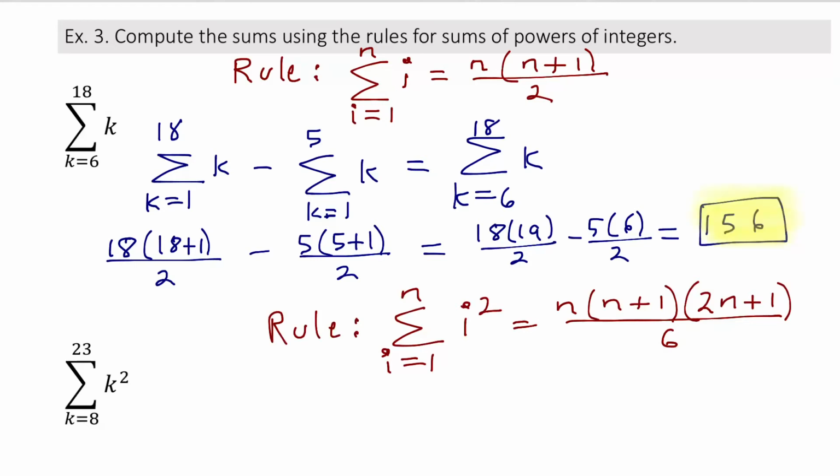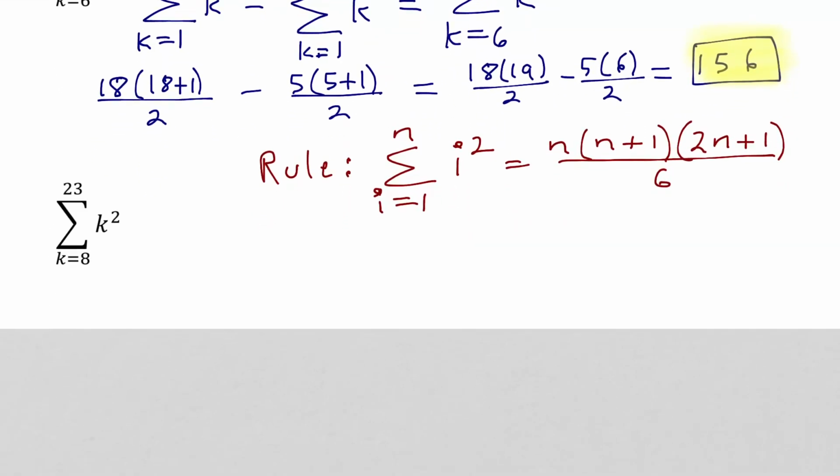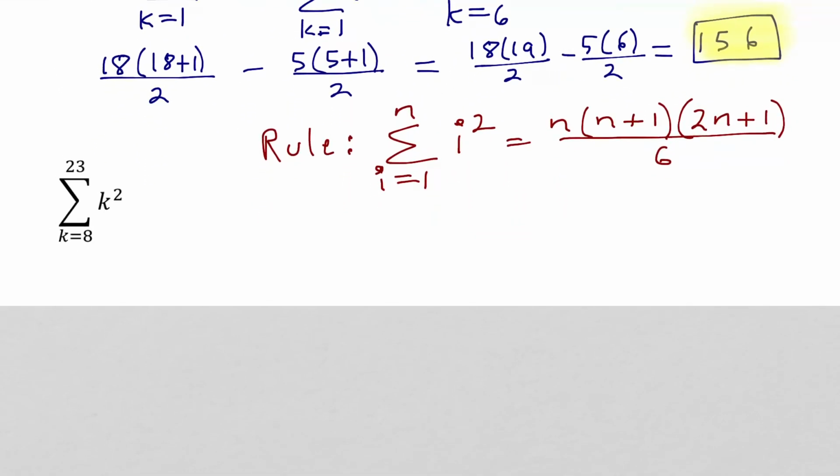So let's look at the next one, which is a sum of integers squared. Once again, we're starting not at the beginning, but at some point further up the list. So from 8 to 23, k squared.